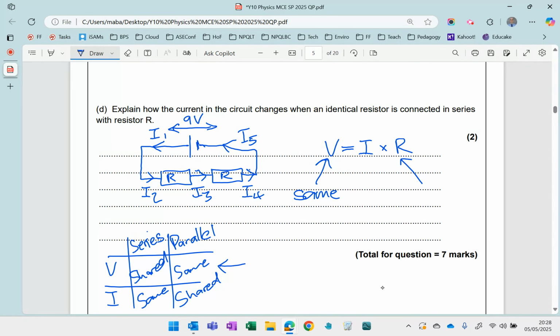This number here has doubled, times by 2. So what's that going to mean for the current? Okay, hopefully you're good enough at analysing equations to realise that the current must halve if we double the resistance in the circuit. Okay, and that's the end of question 2.